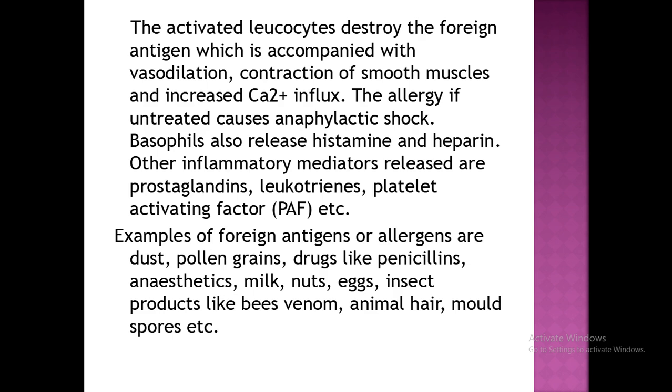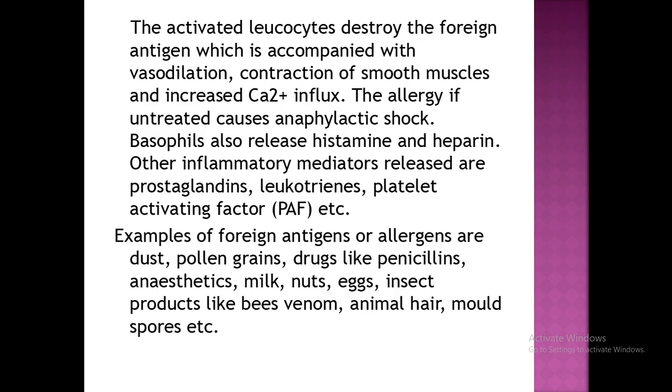So blood vessels will be dilated, with contraction of the smooth muscles and increased calcium influx. The allergy, if untreated, causes anaphylactic shock. So anaphylactic shock is a serious allergic reaction which can also lead to death if untreated.